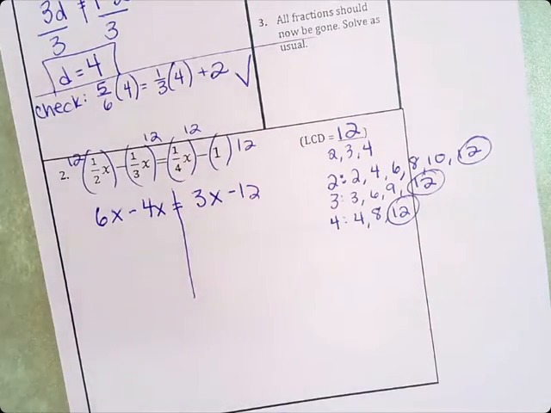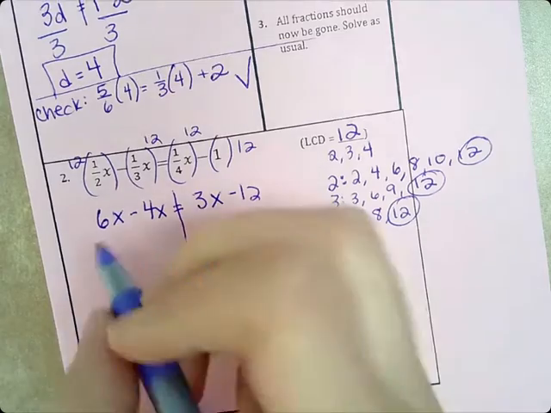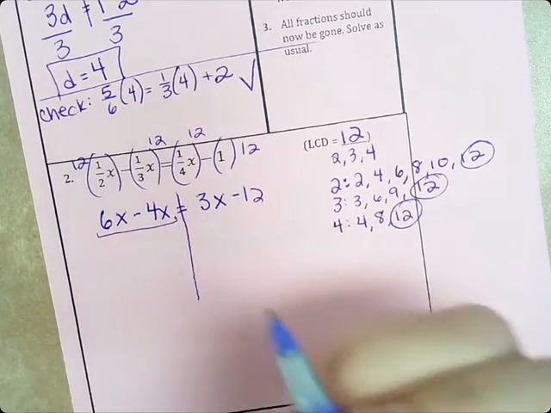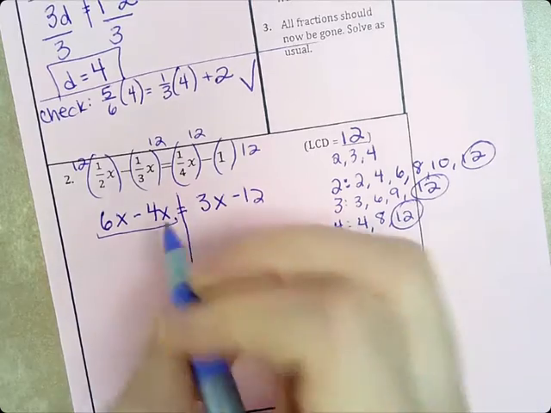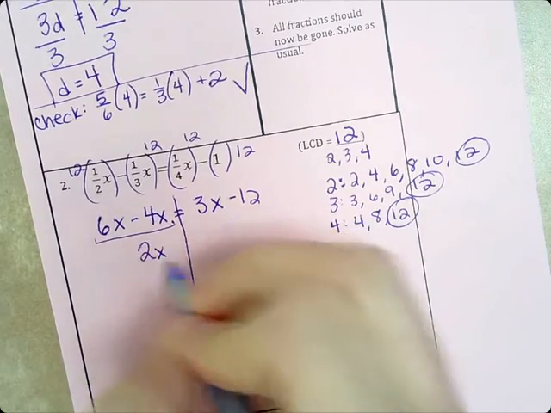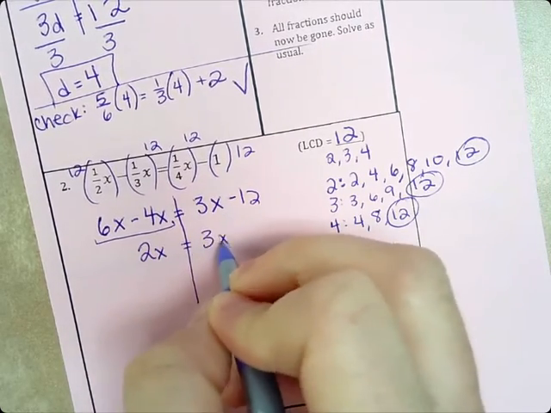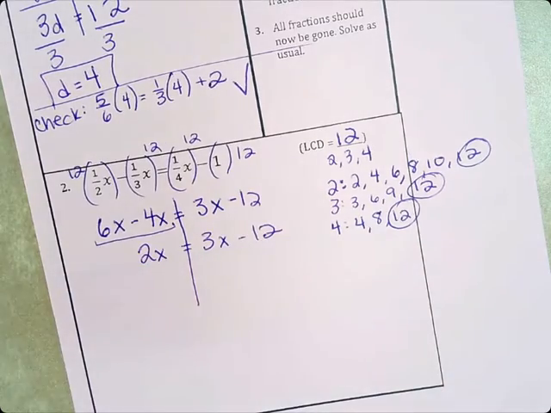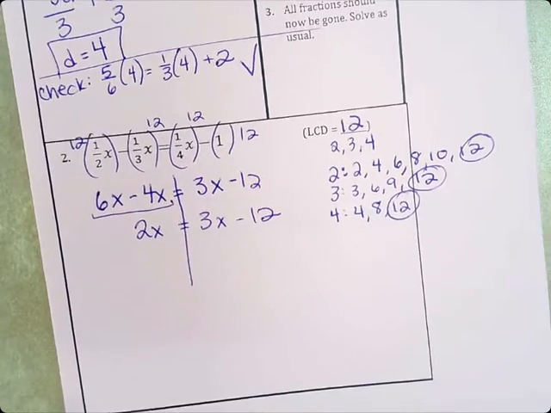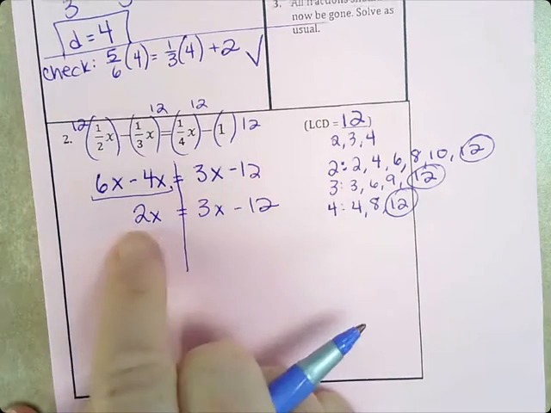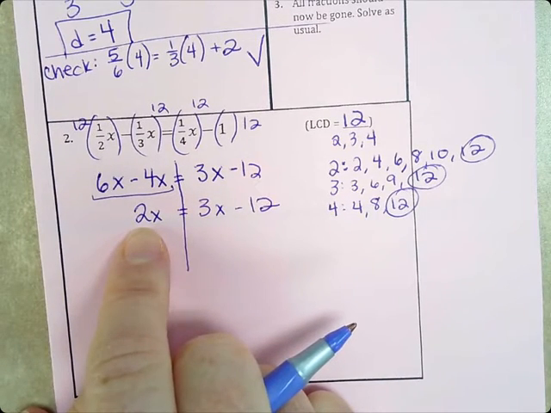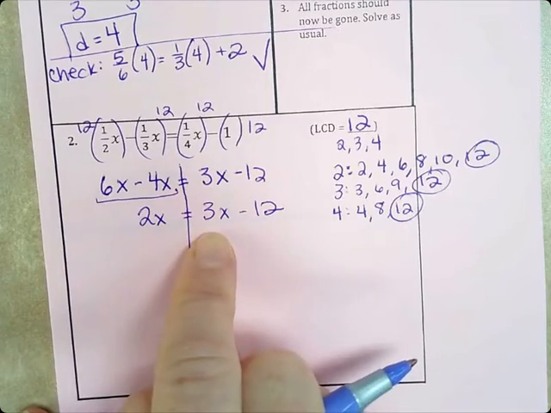Okay, so we do need to simplify before we start moving things across the equal sign. So we have 6x minus 4x, 2x. We need to get all the x's on one side. See how this only has x's on that side? This one has the x and the number.